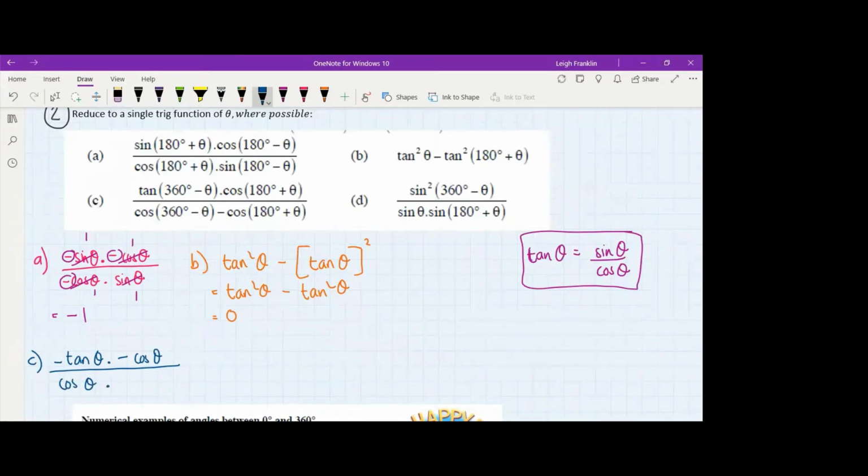Oh, and that's not a times, that is a minus. So there's one term at the top, but there are 2 terms down at the bottom. So this is minus, and then cos 180 plus theta, that's quadrant number 3. So this reduces to negative cos theta like so.